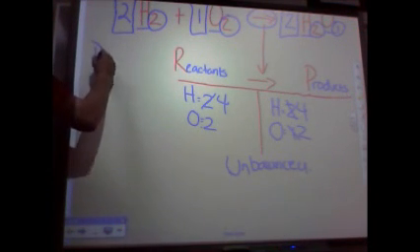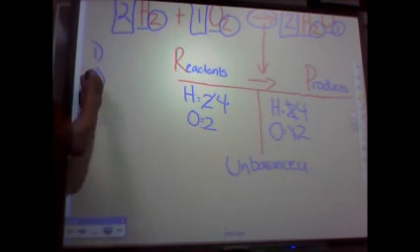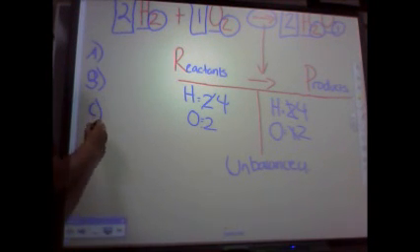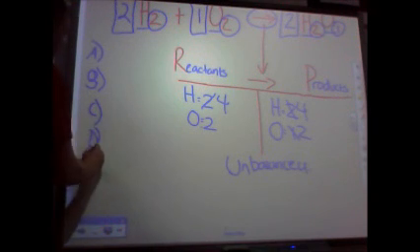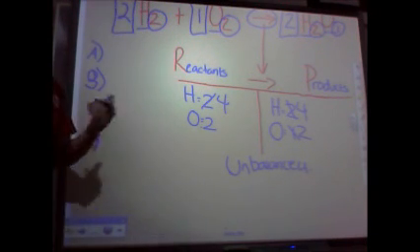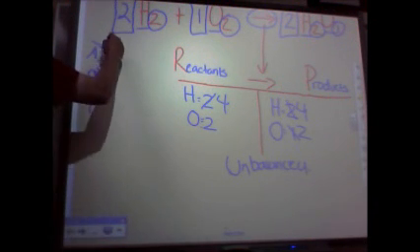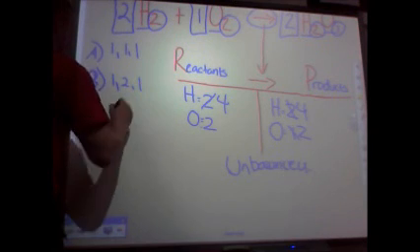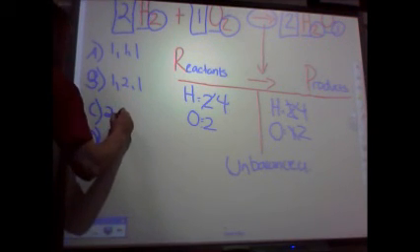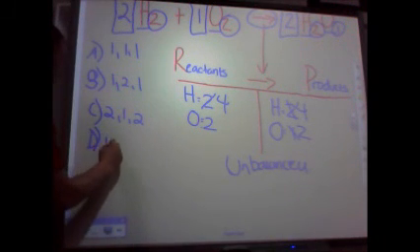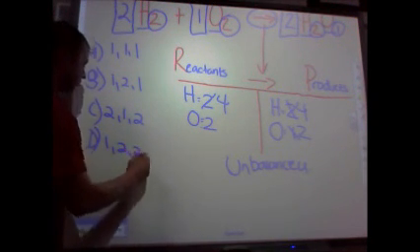They will have a question like this. Here are your answer choices, A, B, C, and D. And it'll say, identify which set of coefficients will balance the equation. Okay, and it'll say 1, 1, 1. 1, 2, 1. 2, 1, 2. 1, 2, 2.